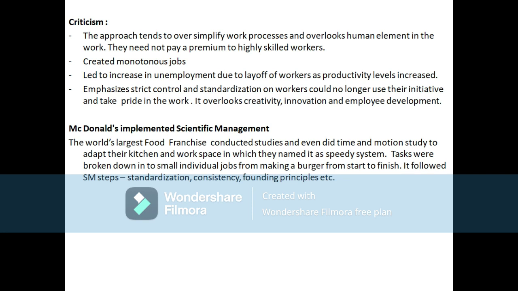So from the starting point to the ending point, the work is divided and given to each worker who is working in the kitchen. By this we can see the speedy system, because each worker is assigned to a specific job, so he is specialized in that particular job only, and this results in speediness.